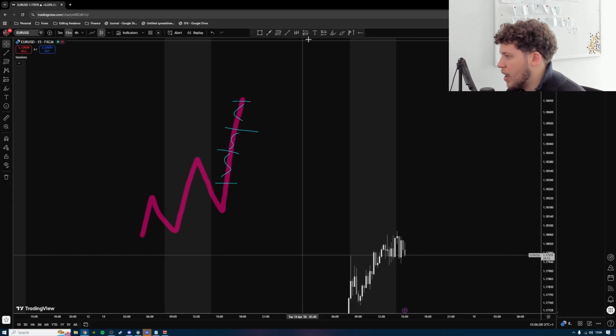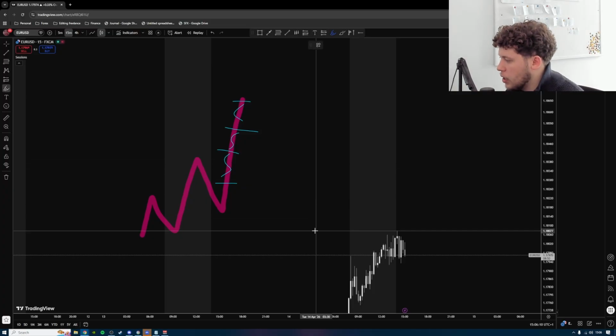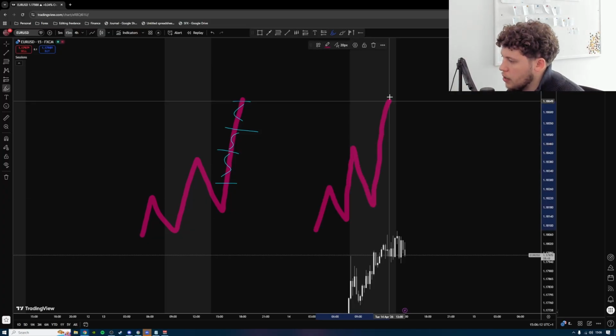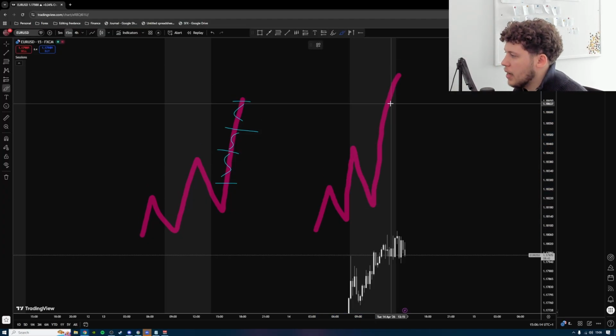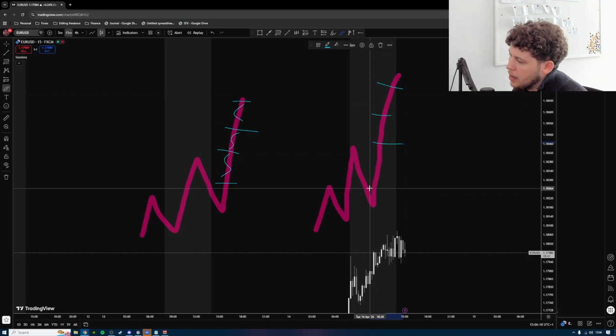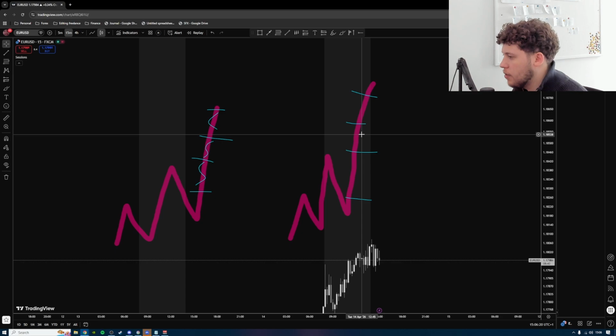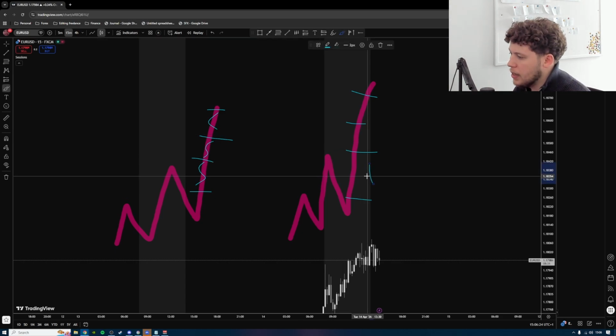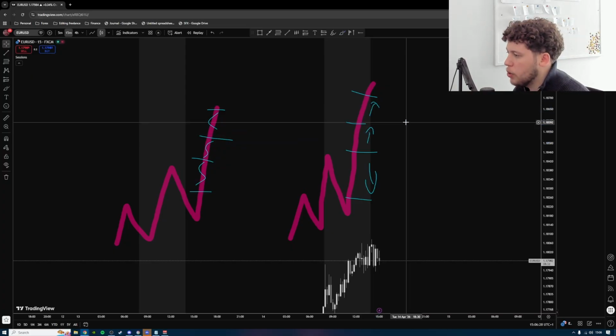If we were to have this same structure like this, and then we have 1 candle, 2 candles, and then 3 candles, but for example, maybe this candle was going down and these were going up, then that would not be valid.